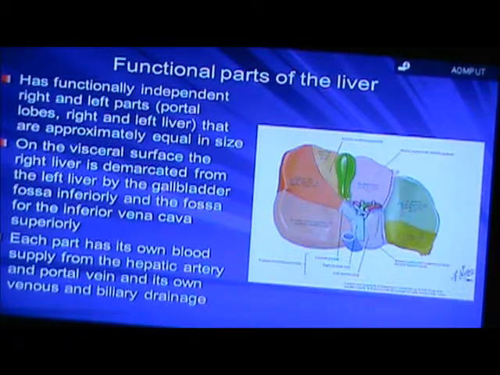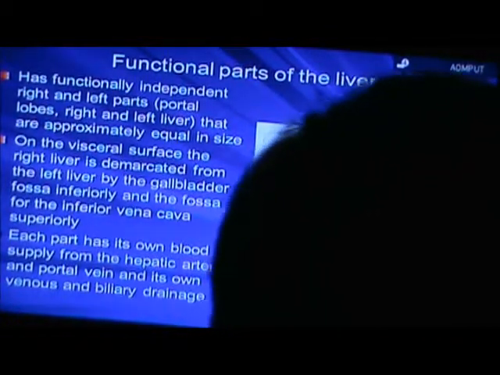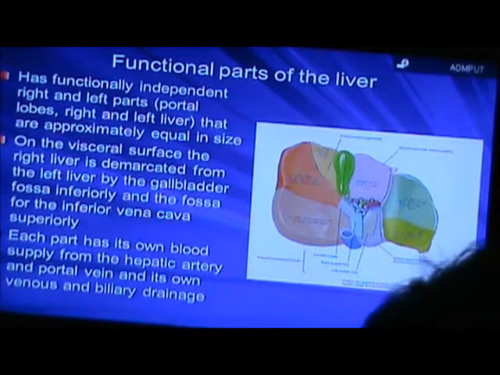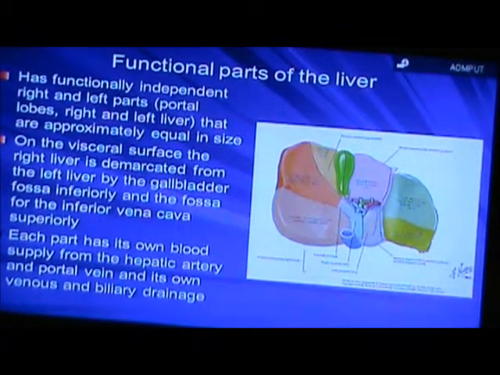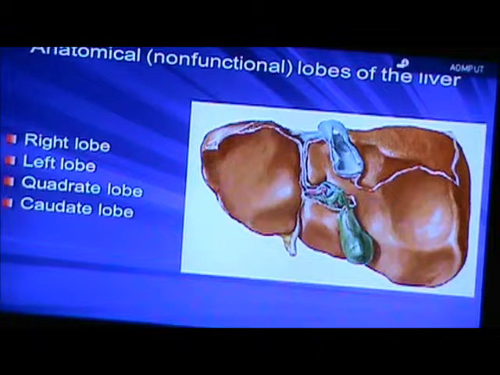On the visceral surface, the right liver is demarcated from the left liver by the gallbladder fossa inferiorly and the fossa for the inferior vena cava superiorly. Each part has its own blood supply from the hepatic artery and the portal vein and its own venous and biliary drainage. So it's enough to know that there are some possibilities of removing some functional parts of the liver.